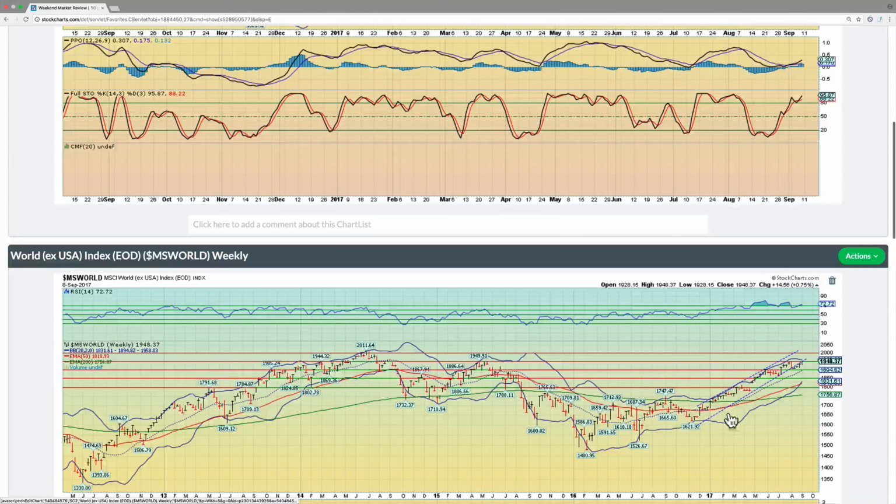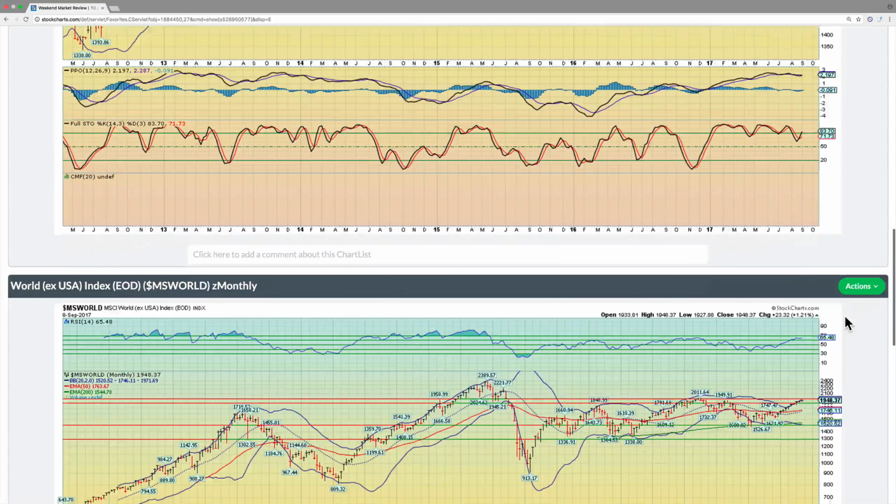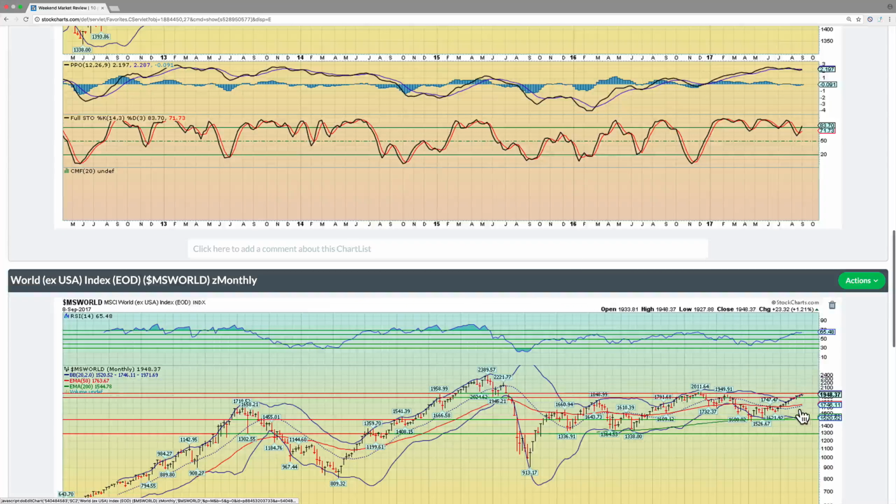On the weekly chart, we broke down below this upper trend here, and now we've retested it multiple times from the downside. We continue to see this negative divergence on RSI, and we think lower prices are indeed ahead. And finally, on the monthly, if 2000 is broken to the upside, our negative thesis in the short run is completely invalidated, and you want to definitely go long with a target of 2400.